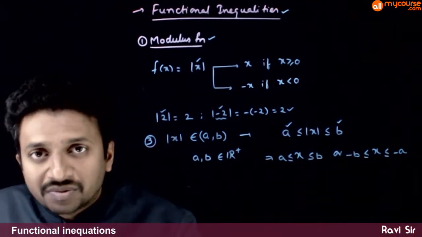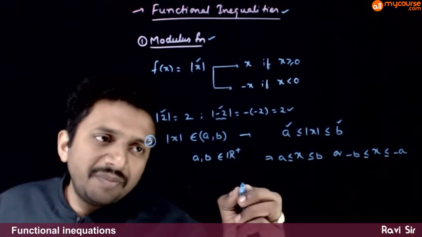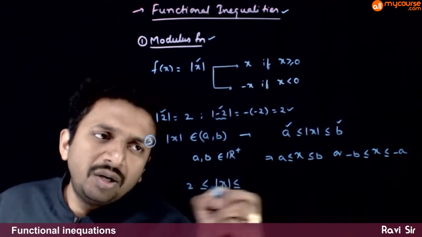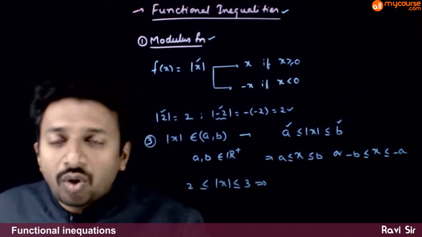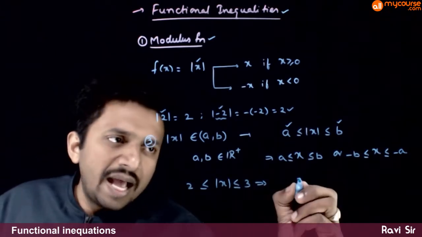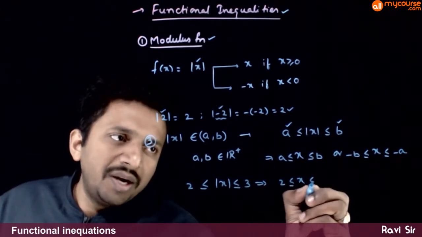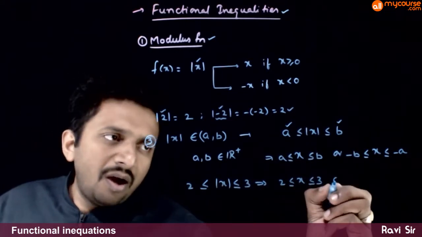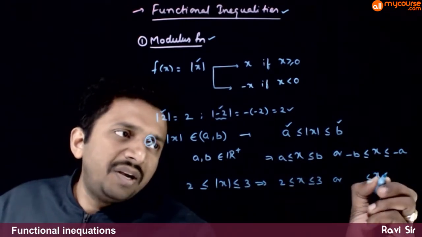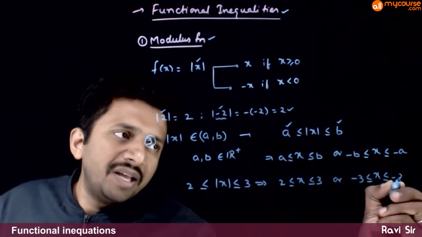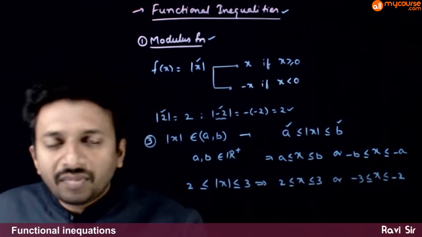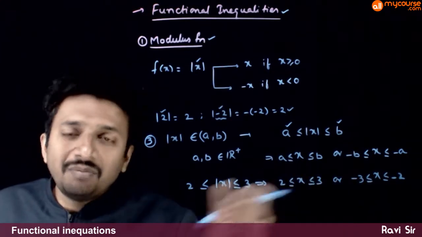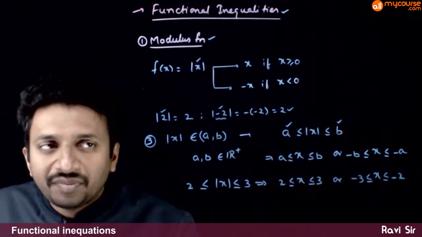These are the two options. For example, if mod x lies between 2 and 3, what can you say about x? x can lie between 2 and 3. If x lies between 2 and 3, mod x also lies between 2 and 3. Or x can lie between minus 3 and minus 2. So these are the two options that you have, either 2 to 3 or minus 3 to minus 2.